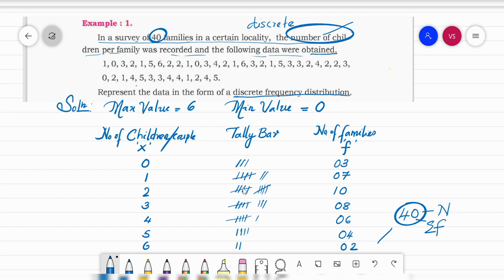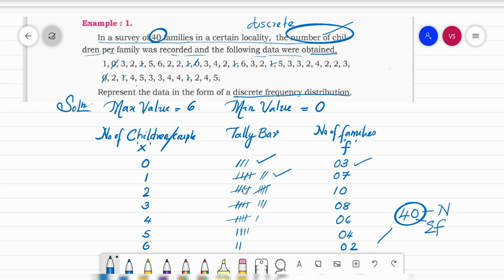How many times is it seen here? 1, 2, and 3. Is it right? Correct. Fine. Then if you speak about 1: 1, 2, 3, 4, 5, 6, 7. It is 7 times. Is it right?